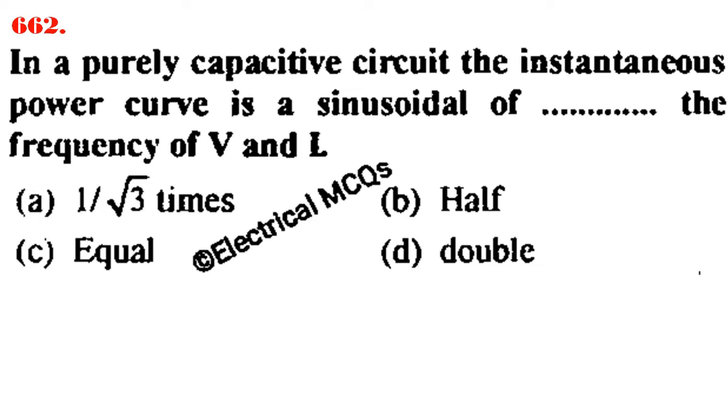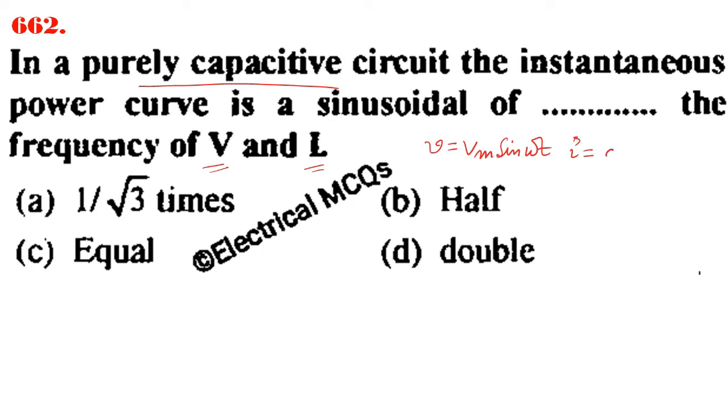In a purely capacitive circuit, the instantaneous power curve is a sinusoidal of dash the frequency of voltage and current. So we can assume that the voltage is given by V is equal to Vm sin omega t, which has been applied across the purely capacitive circuit or the capacitor. So what will be the instantaneous current?